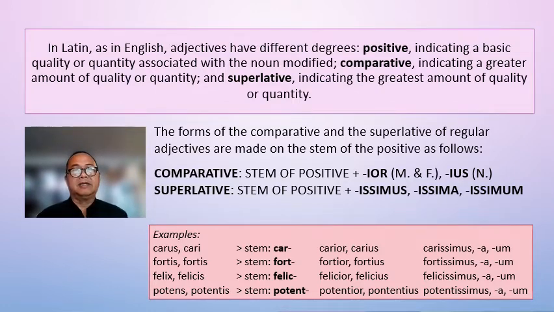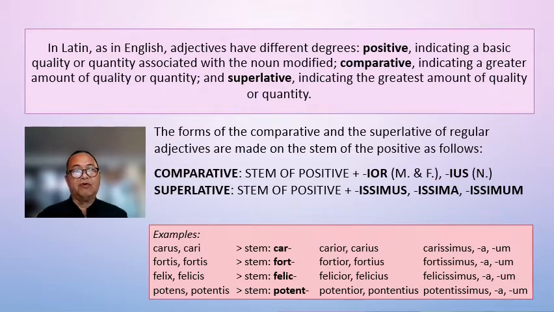We take the stem of the positive degree of the adjective, and for the comparative degree, you will add the ending -ior, which is the ending for the masculine and feminine, and -ius for the neuter form.